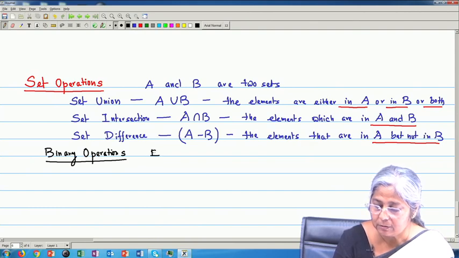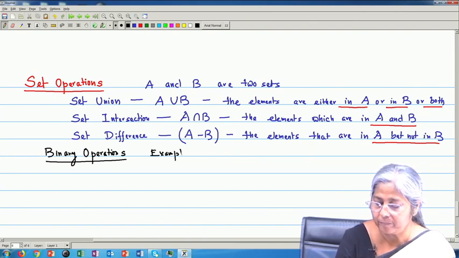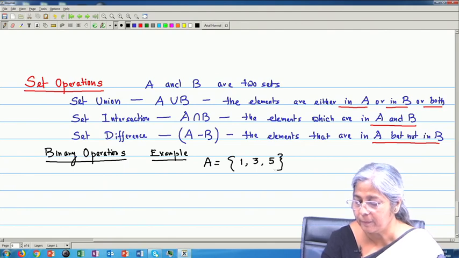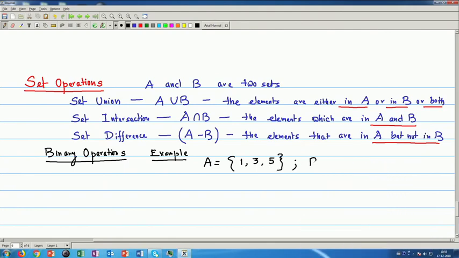If we take an example, say A is a 3 element set 1, 3, 5 and B is another set, say 2, 5, 7, 8. So, what is A union B?